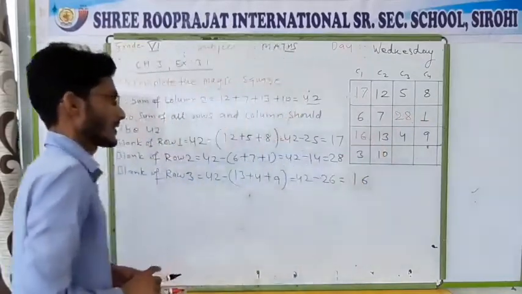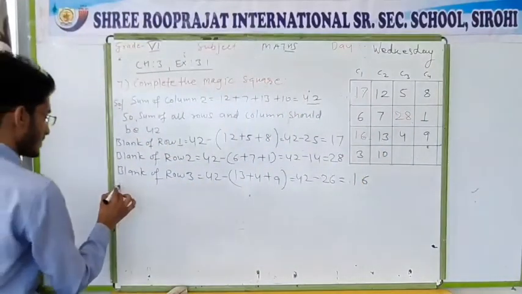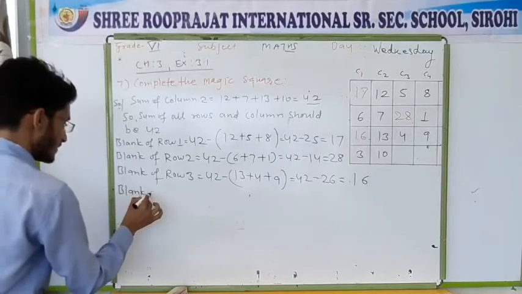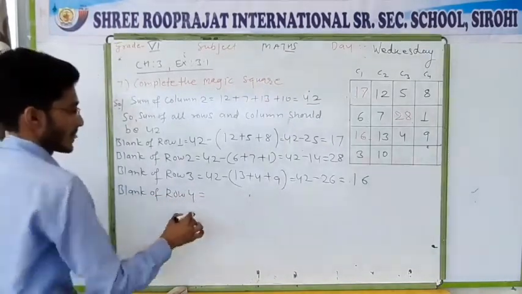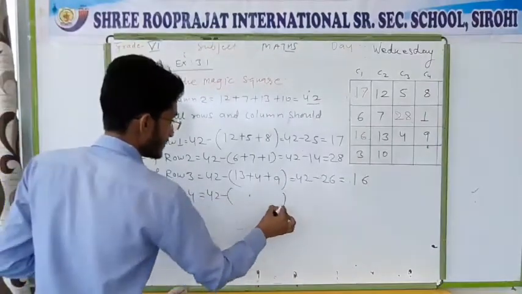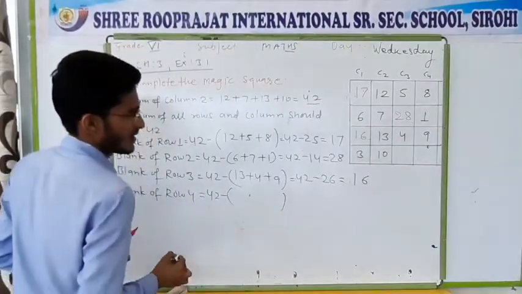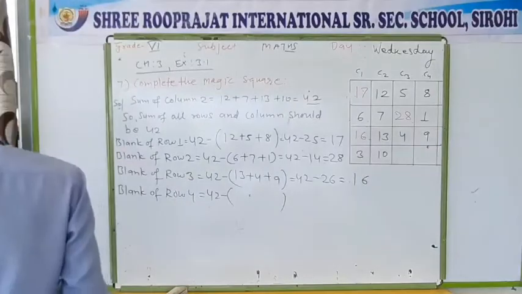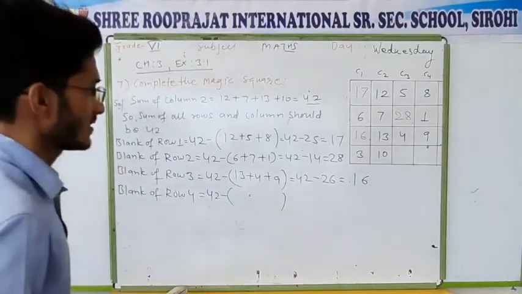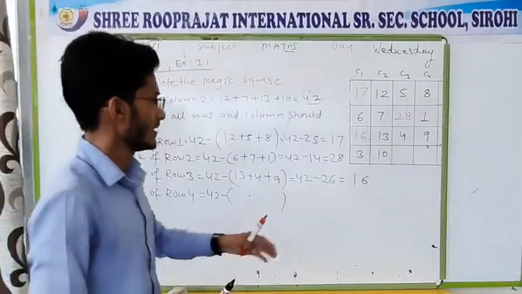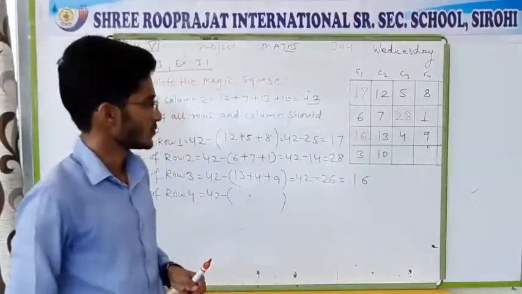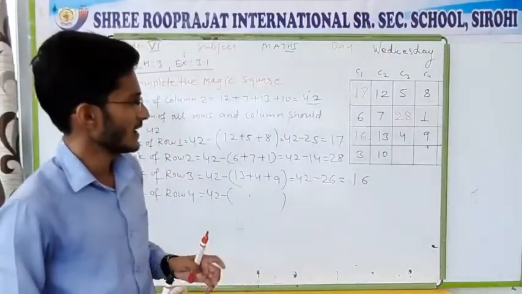It is 16. Now the row number 4. A blank of row number 4. So total sum minus the given numbers. So here two numbers are not given in row number 4. So first of all, we have to find out any one of the numbers.